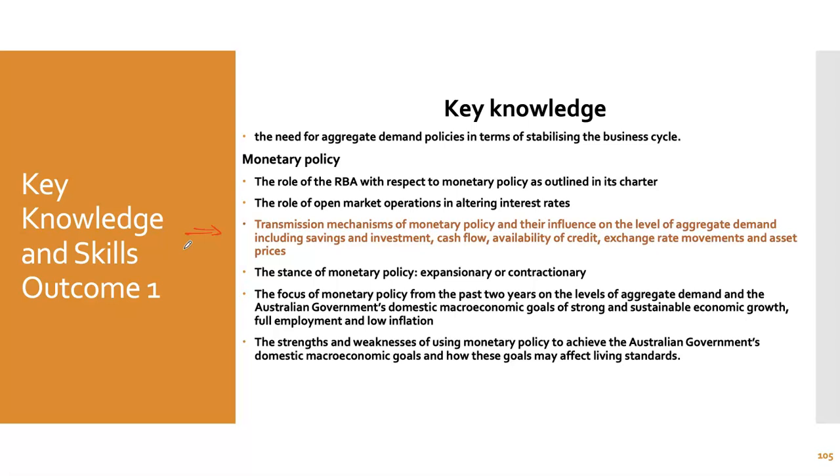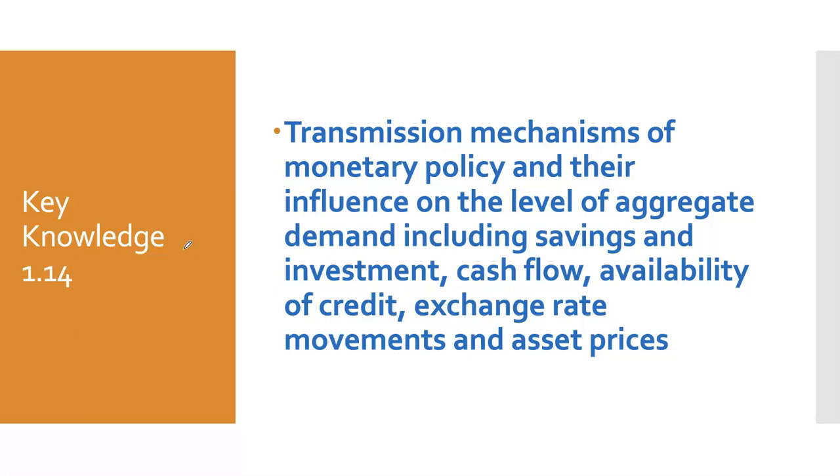So there is assumed knowledge that you understand what the RBA is, why they are changing interest rates, and we know that's to control inflation, and how their mechanism actually works. What this video is going to focus on is how the transmission mechanism occurs. Specifically, how does changing the cash rate influence aggregate demand and inflation.